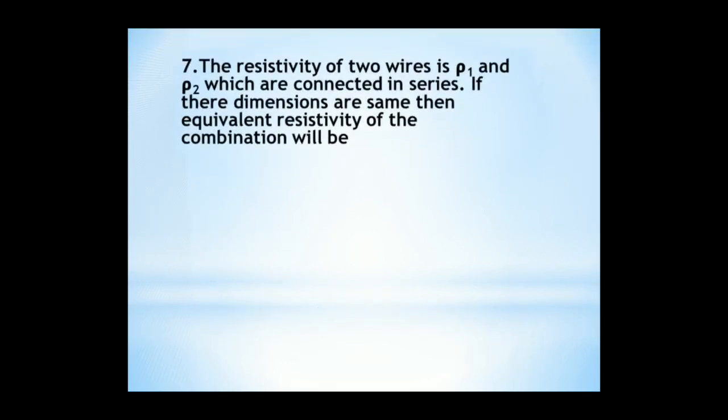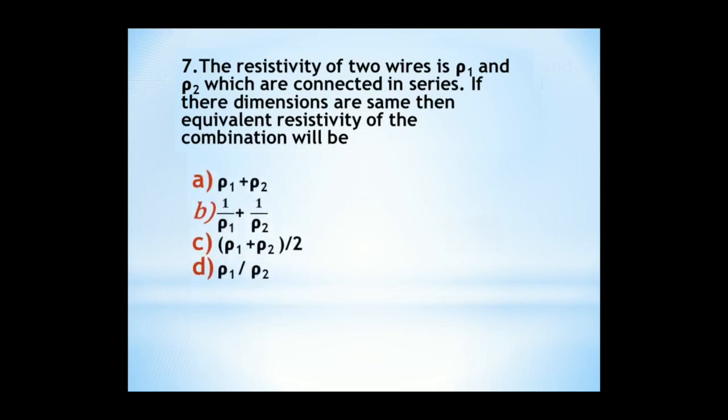Seventh one is, the resistivity of two wires is ρ1 and ρ2 which are connected in series. If their dimensions are same, then equivalent resistivity of the combination will be option A ρ1 plus ρ2, option B 1 by ρ1 plus 1 by ρ2, option C ρ1 plus ρ2 whole divided by 2, and option D is ρ1 by ρ2.